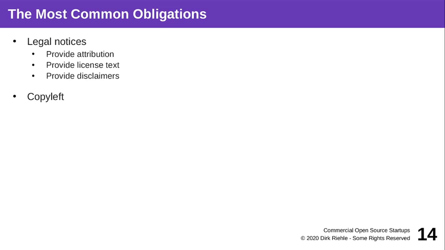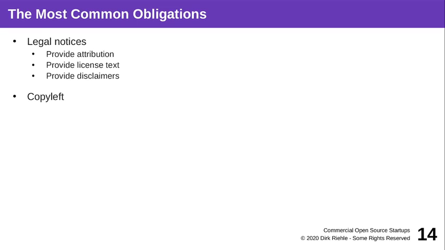So you need to have in your mind a two-step. You are the recipient right now of open source code from someone else, and you're passing it on to a third party. You, in the middle, passing on to a third party, have to fulfill the obligations of the original creator, including creating these legal notices, including attribution, license text, disclaimers, and so forth.